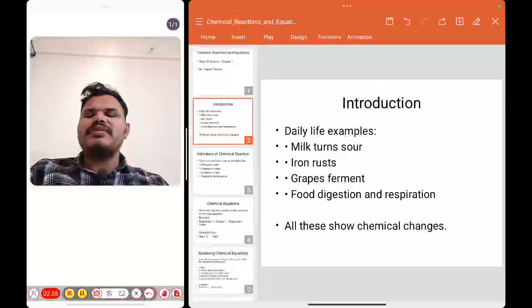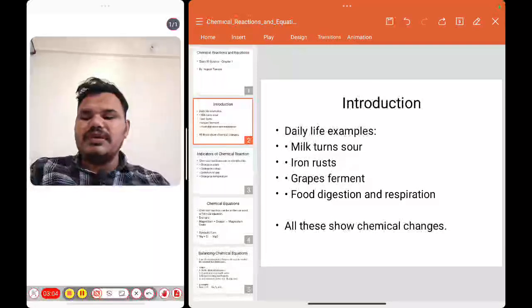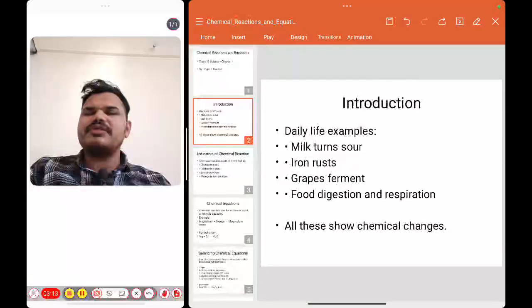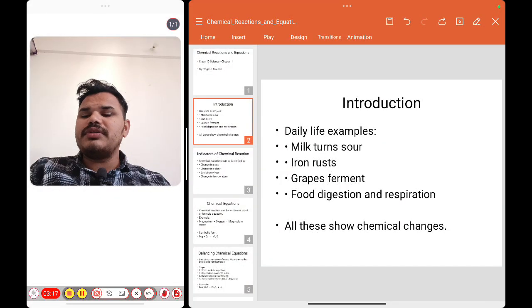Whenever we study respiration at the cellular level, at the cell level of the human body, that time you will get the idea. The glucose in our body, which we get from the food, reacts with the oxygen we take in, along with water molecules inside that reaction.